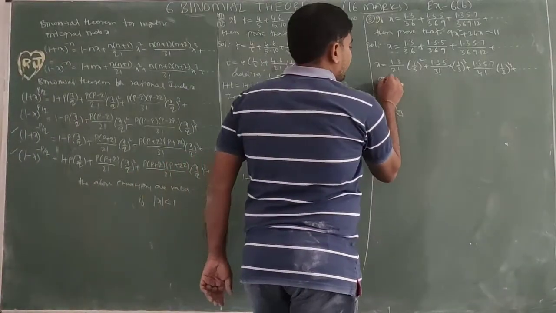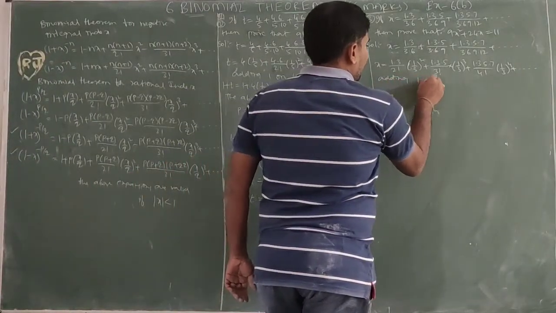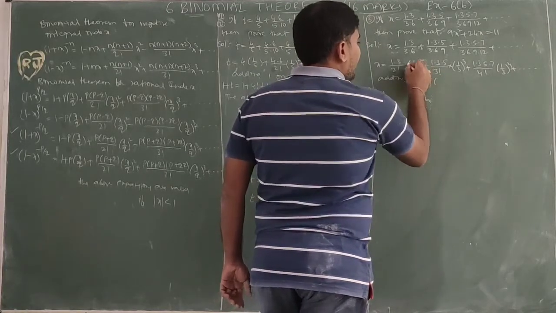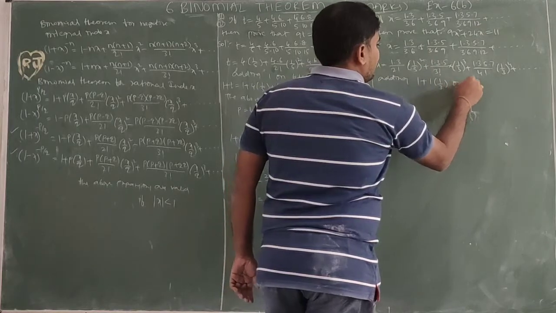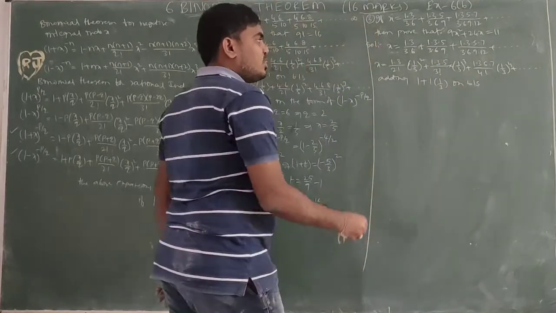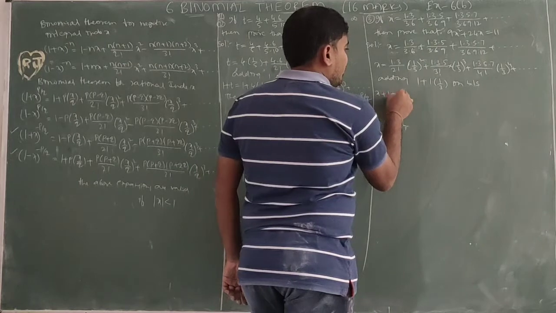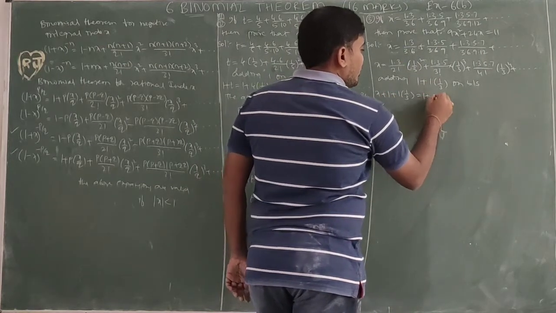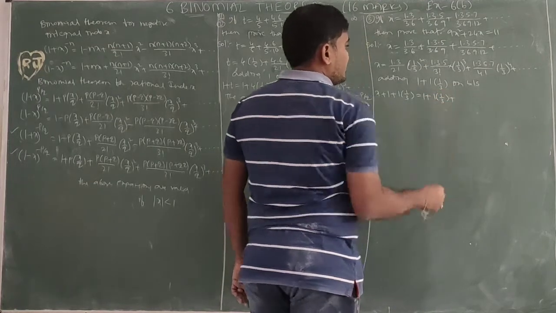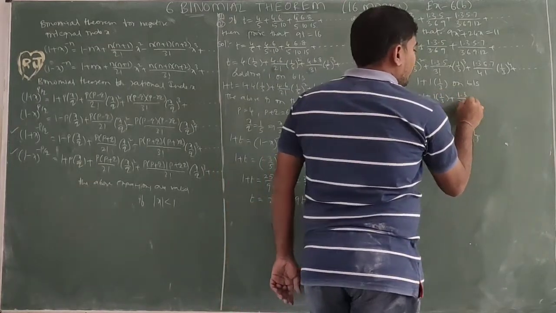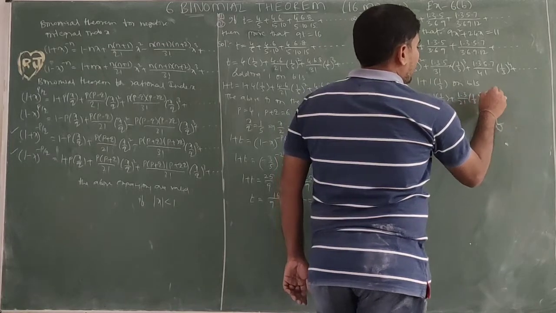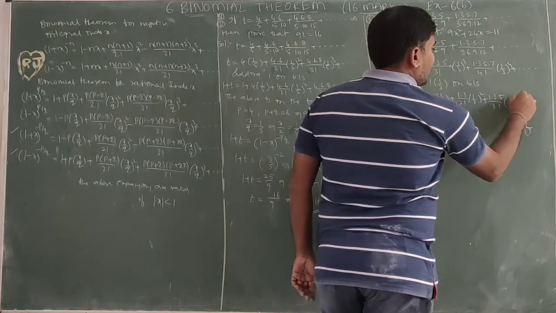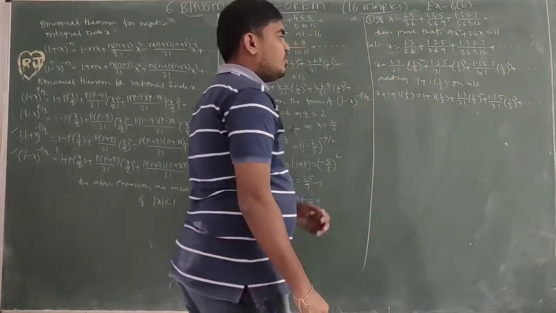Adding 1 plus 1 by 3 on both sides, we get x plus 1 plus 1 by 3 equal to 1 plus 1 by 3 plus (1 into 3) by 2 factorial (1 by 3) whole square plus (1 into 3 into 5) by 3 factorial (1 by 3) whole cube plus up to so on.